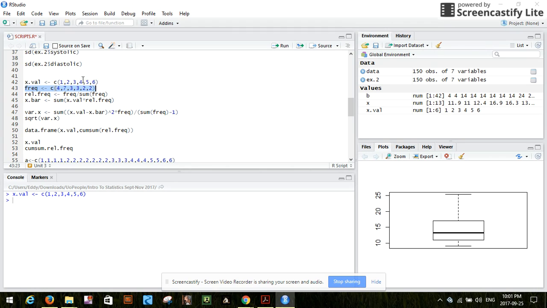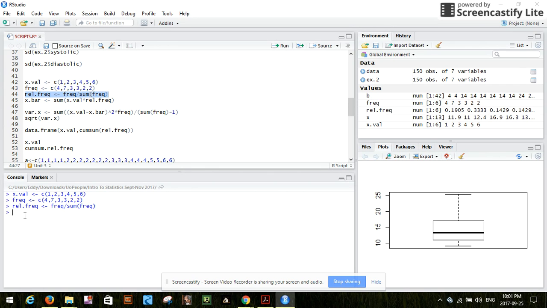The x values are the number of pairs of sneakers, and the frequency is how many students have those sneakers. So we need to find the relative frequencies, which is the frequency divided by the sum of frequencies. So it gives us the percentage.